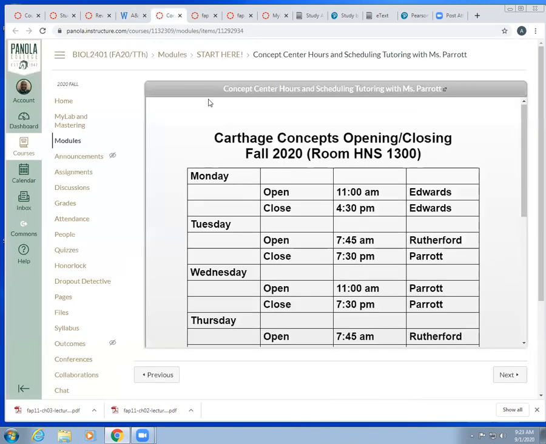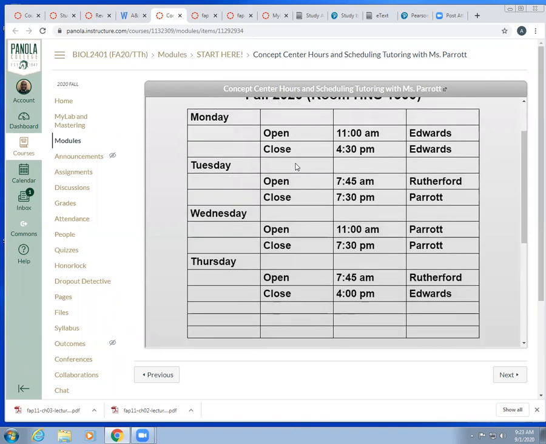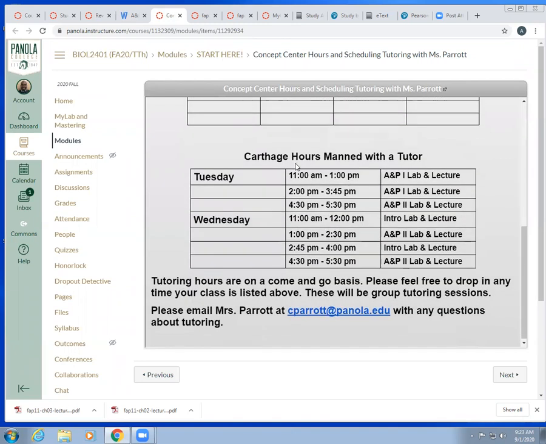I also want to make sure you remember down here, the open study room. Make sure you take advantage of that. These are the hours that they're open. You can just go in there and study Monday through Thursday. If you want a tutor for A&P lab and lecture, Tuesdays between 11 and 1 and 2 o'clock to 3:45.